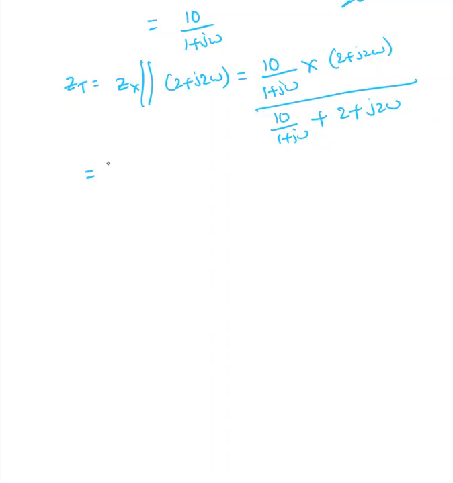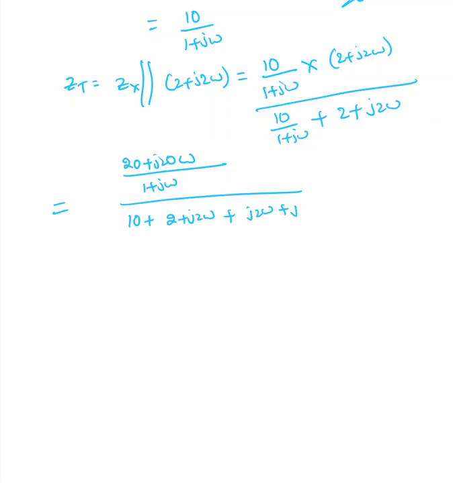So I have 20 plus j20 omega over 1 plus j omega divided by 10 plus 2 plus j2 omega plus j2 omega plus j square 2 omega square, all divided by 1 plus j omega. So all I did was take the common factor and then multiply it. Okay, solved it basically.